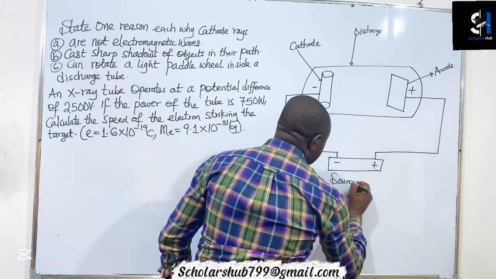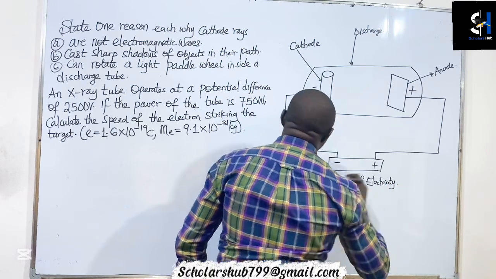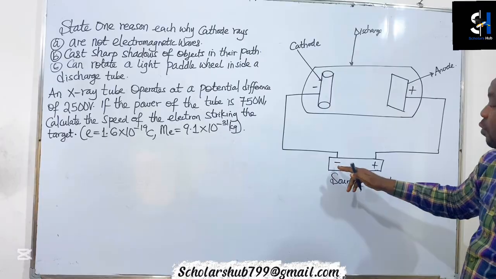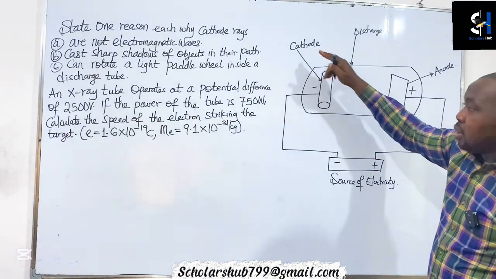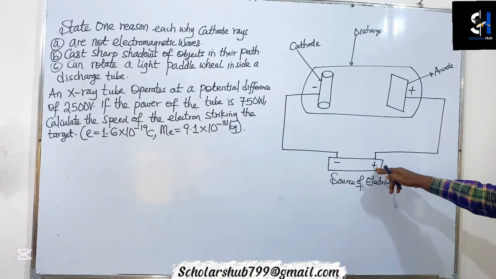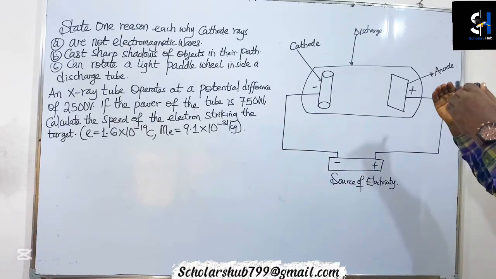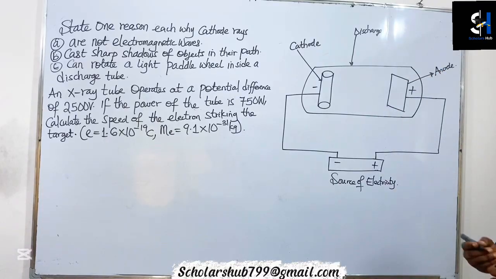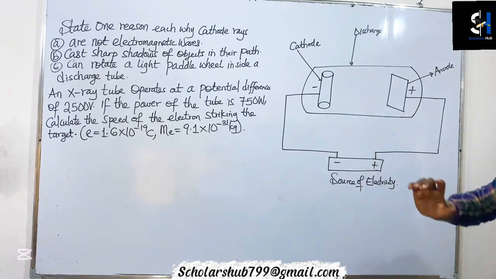So this is the source of electricity. The electrode connected to the negative terminal is known as the cathode, and that which is connected to the positive terminal is known as the anode. So these two electrodes are embedded inside the discharge tube, which is the cylindrical hard glass tube.